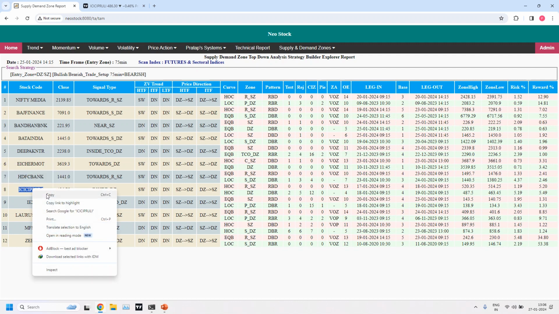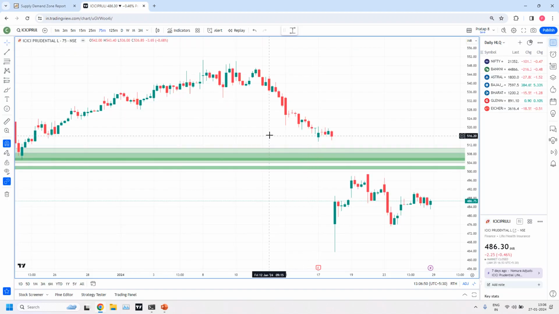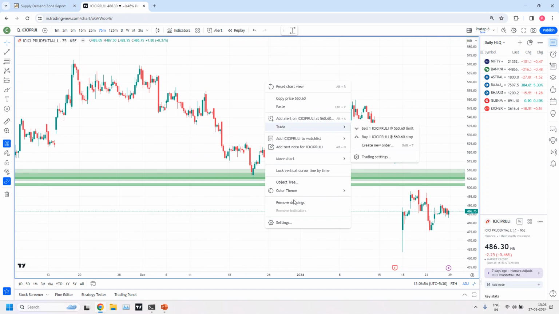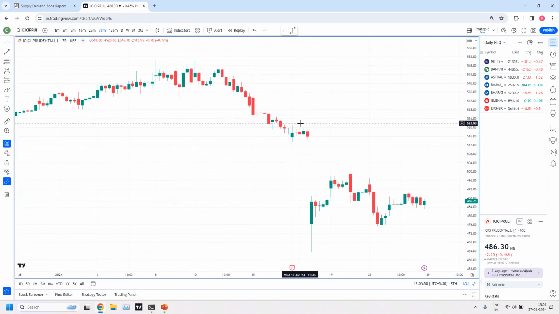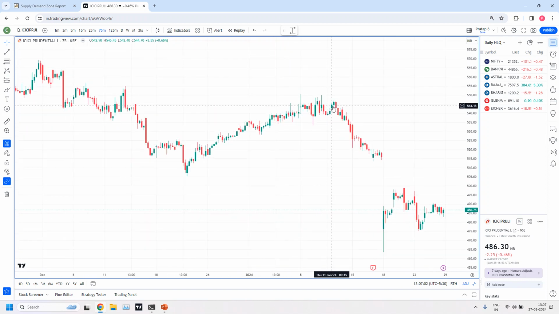Okay, ICICI Prudential, we already opened. So what is the leg in for ICICI Prudential? That is 17 January 9:15. Four base candles are there. So where is 17 January?